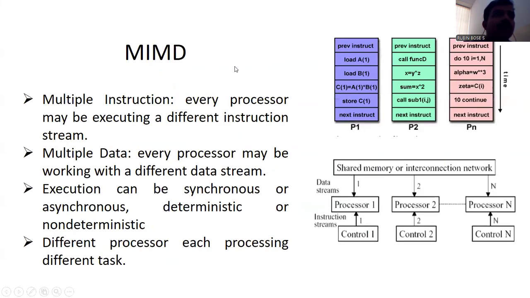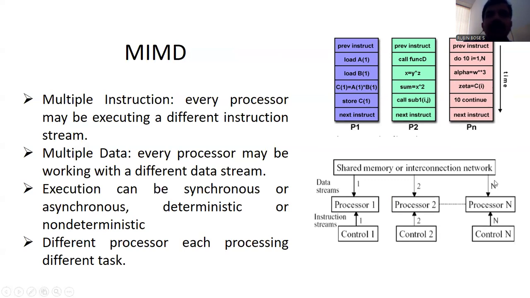And the final type is the MIMD model. In MIMD we have multiple instructions and multiple data. Here the execution can be synchronous or asynchronous, and it can be deterministic or non-deterministic. Different processors have different tasks.